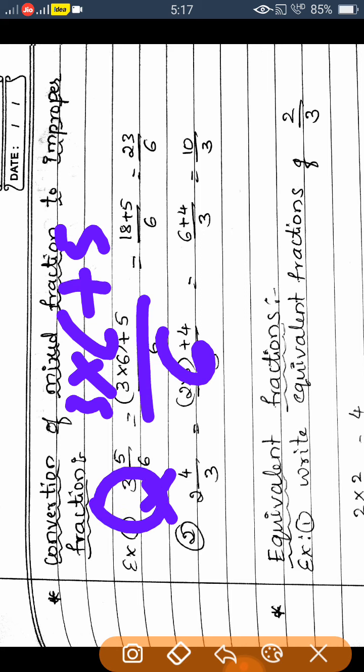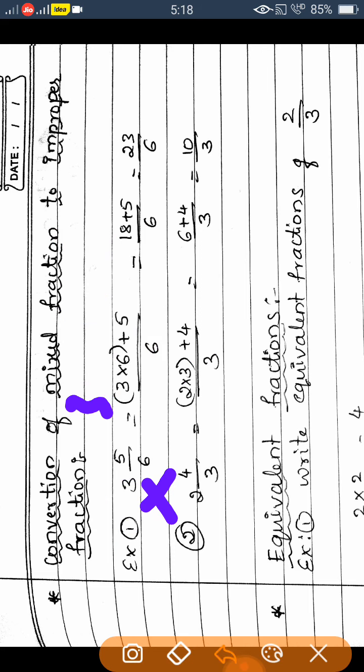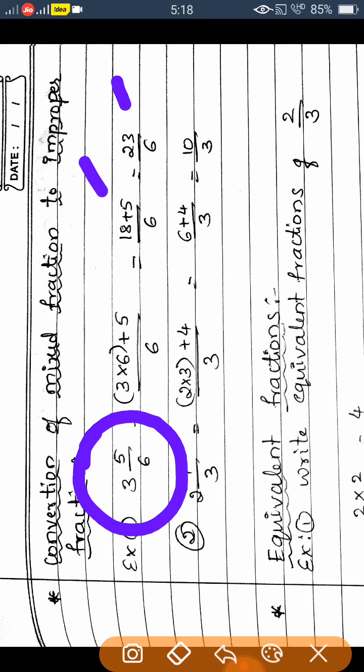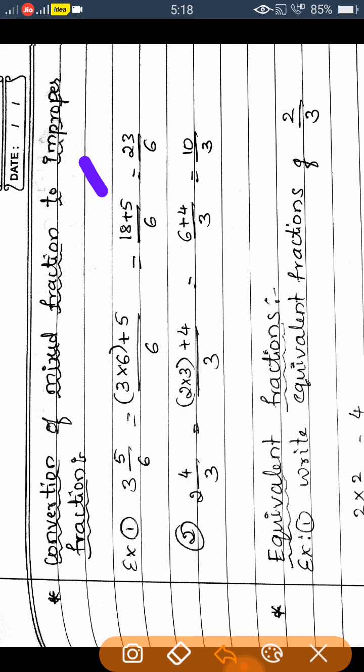This 3 indicates 3 full wholes, meaning 6 by 6 plus 6 by 6 plus 6 by 6, that is the number of parts. Then 3 sixes are 18, plus 5 numerator, by 6 as it is: 18 plus 5 is 23 by 6. So this is how 3 and 5 by 6 we can write as 23 by 6. These are equal, not other than that.